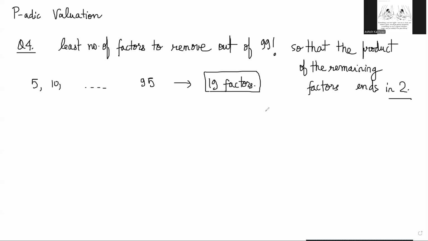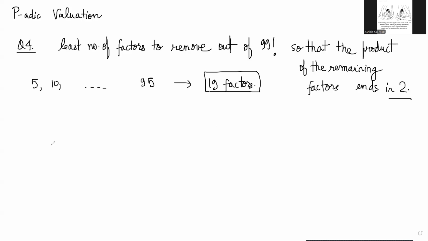And then what I did was I checked if you raise each digit to the power of 10, what will the last digit be? Because there'll be 10 factors that end in each digit.